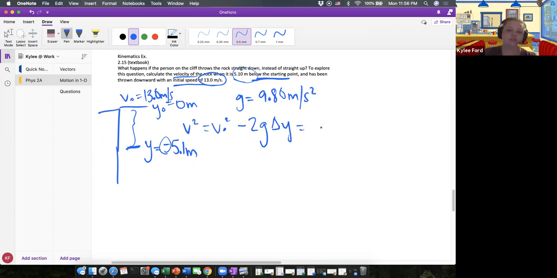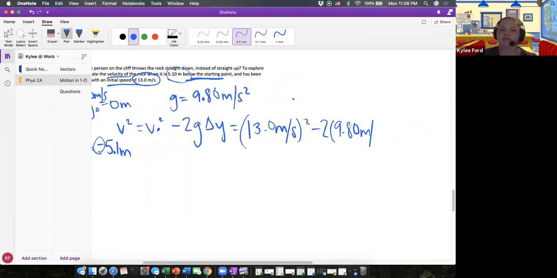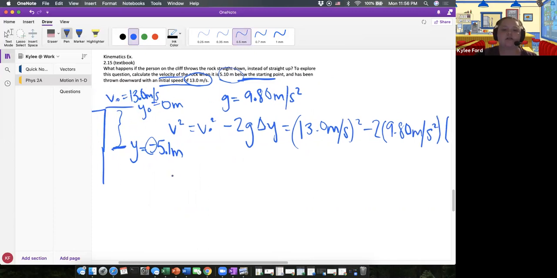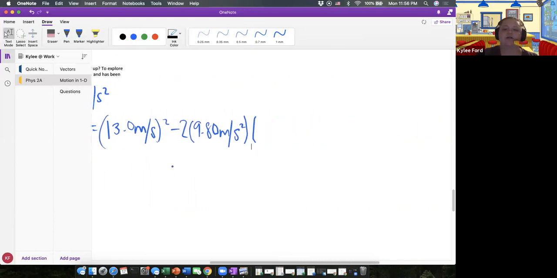So we plug in 13.0 meters per second, squared, minus 2 times 9.80 meters per second squared, times our delta y. Our initial is 0 and our final is negative 5.1, so negative 5.1 meters minus 0 meters. That just crosses out.